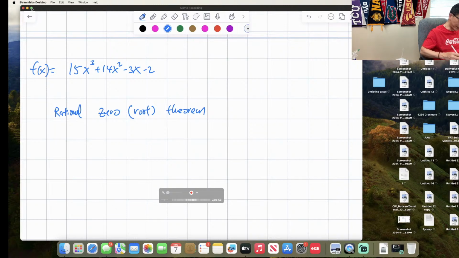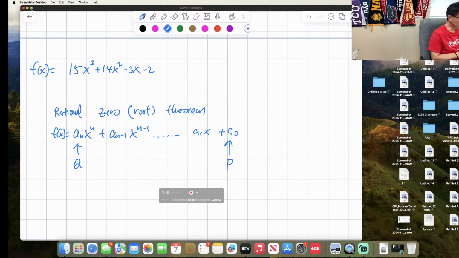So what is the polynomial? Basically we're going to say f of x is equal to a_n x to the n plus a_(n-1) x to the n minus 1, dot dot dot, to a_1 x plus a_0. We're going to call the leading coefficient q, and the constant p.